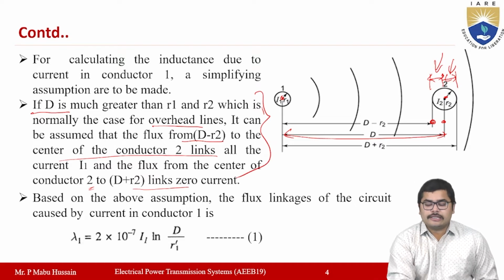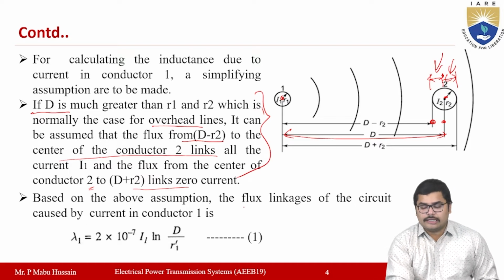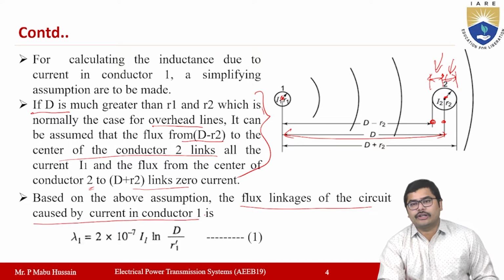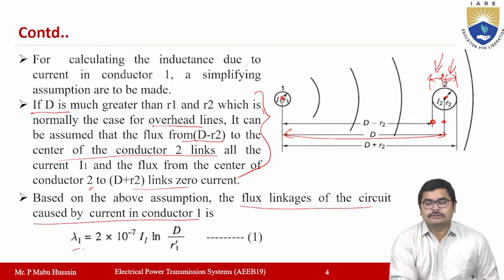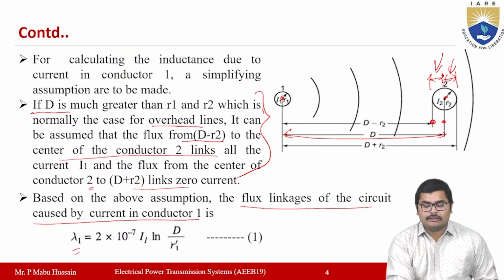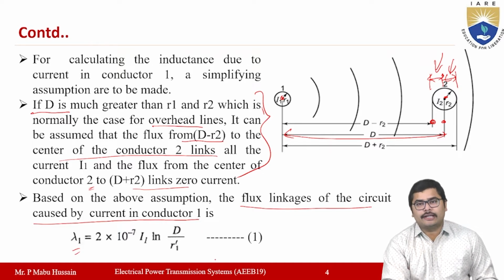Based on the above assumptions, the flux linkages of the circuit caused by the current flowing in conductor 1 can be written as lambda 1. So lambda 1 is equal to 2 into 10 power minus 7 I1 ln D by R1 dash.